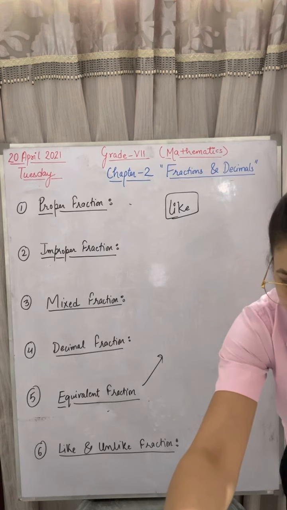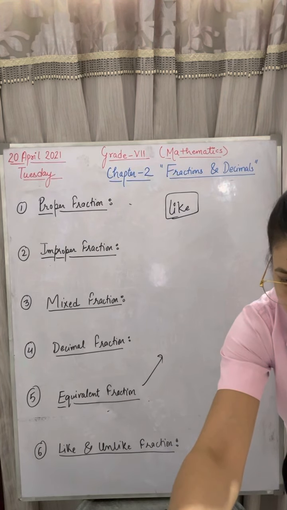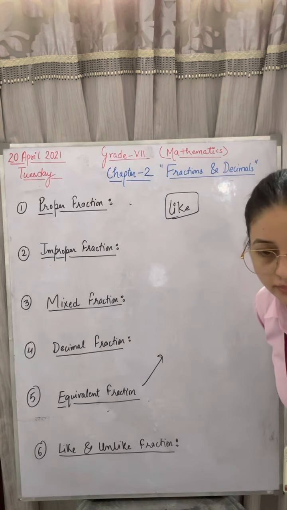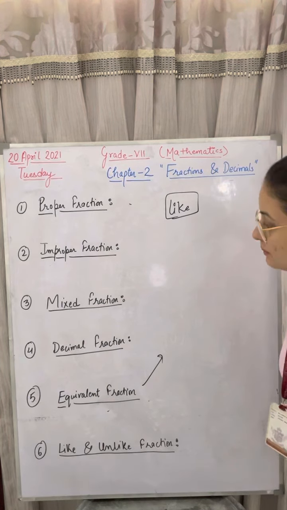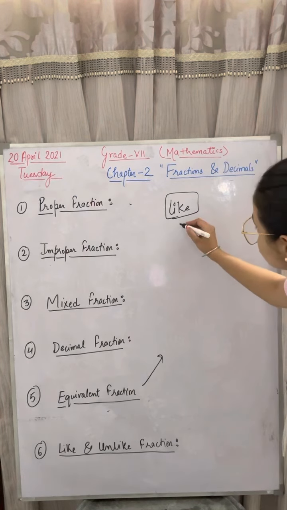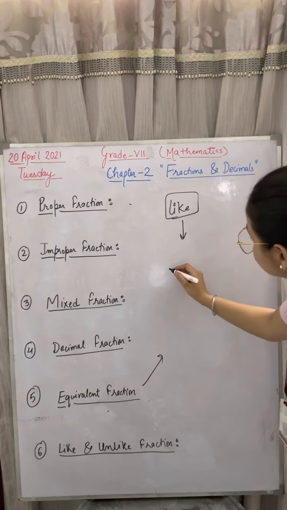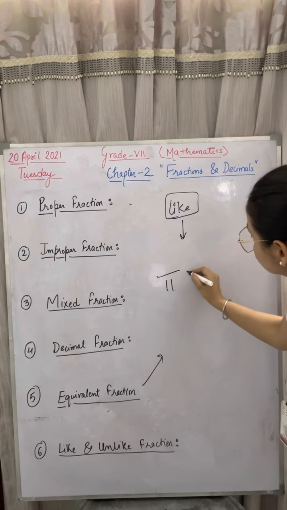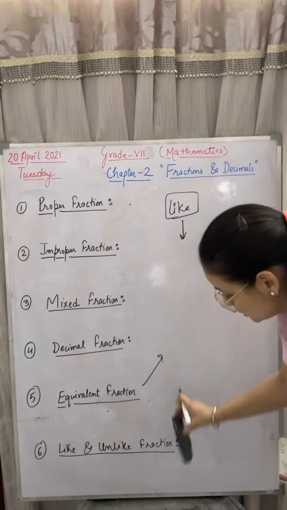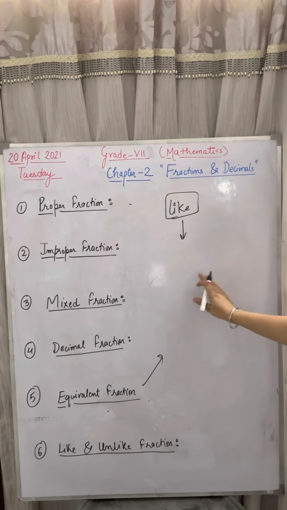Naman, just wait. Gurseerat, 7th Blossom, you give me the answer. What do you mean by like fraction? Like fractions are fractions that have the same denominator but different numerators. Can you give me any two rational numbers which have the same denominators?